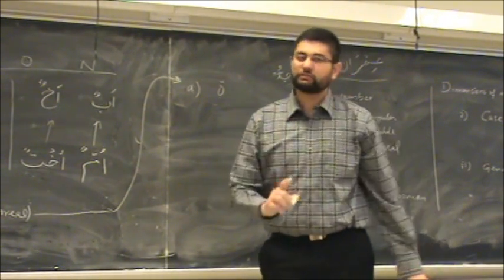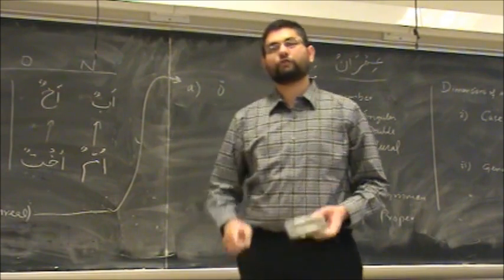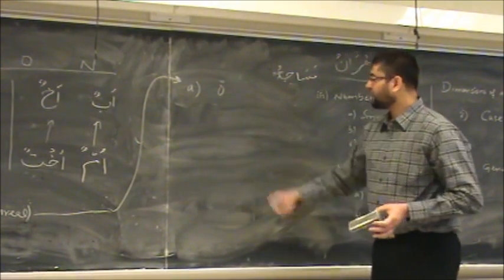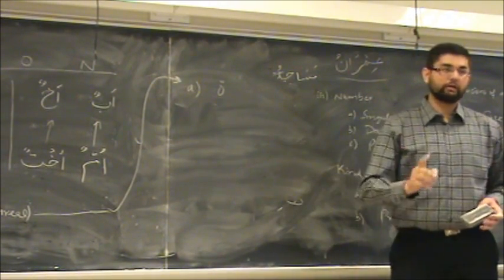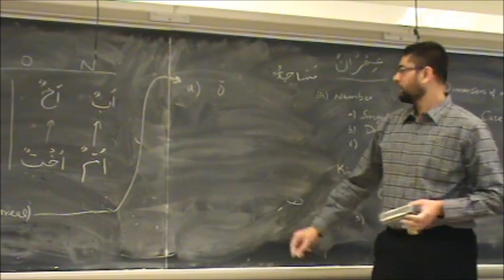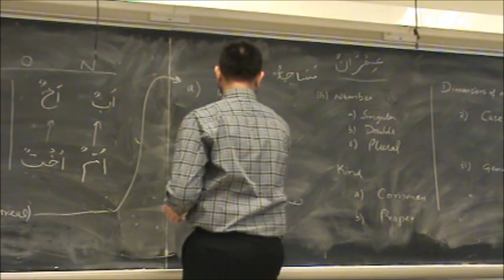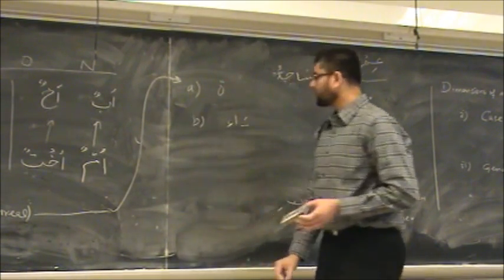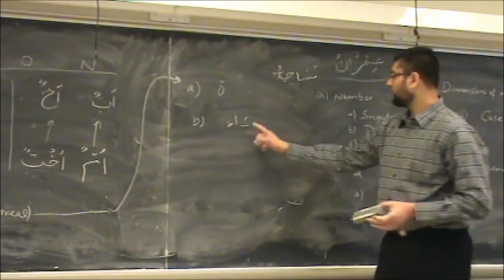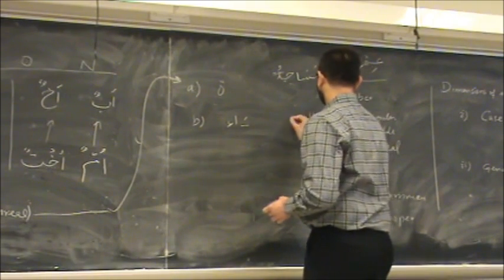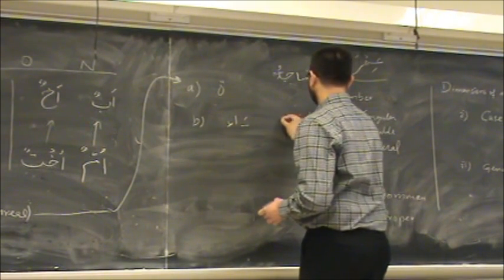That is a very basic identification for a feminine noun. If it has a ta marbuta at the end, it is feminine. The second is if it has this combination, it is called alif mamduda, if you want to remember.